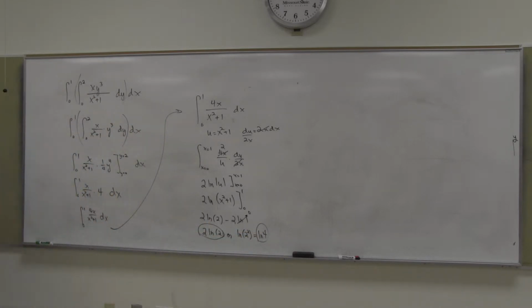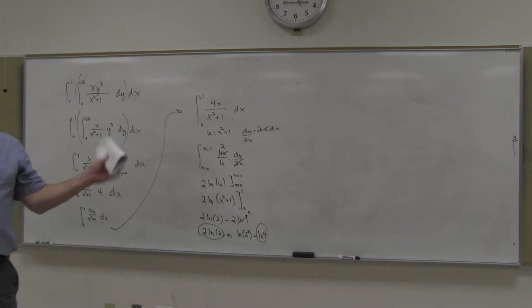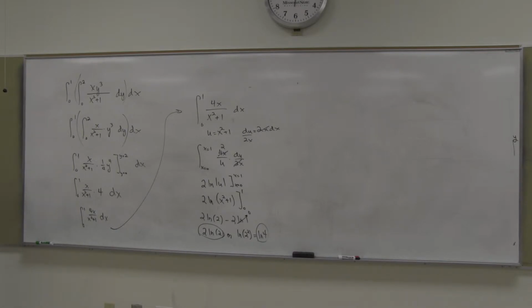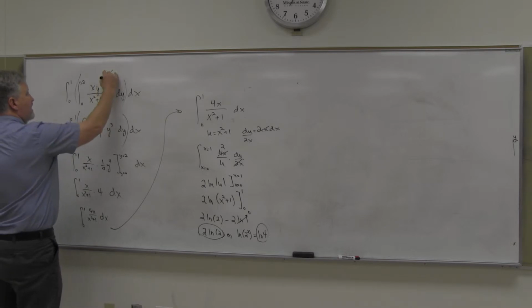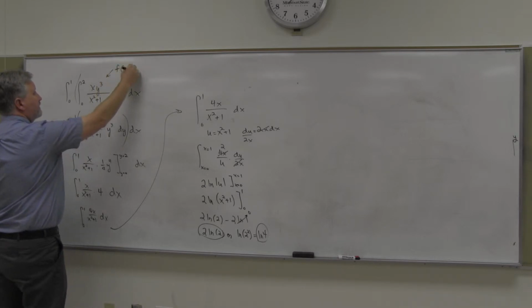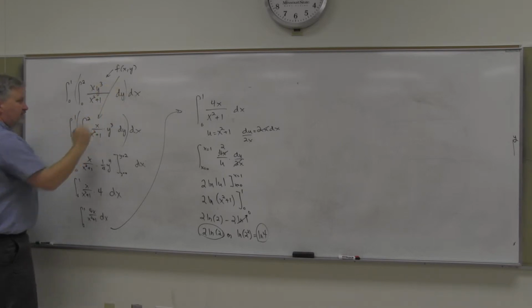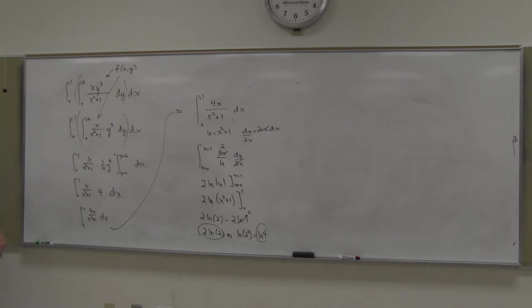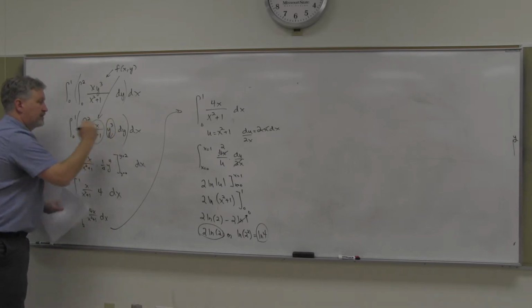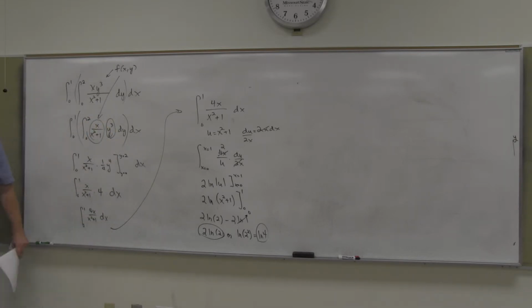Now, here's a little point about this. This one is different because here is another way we can do this. Turns out, all right, so this is my f of x, y. Notice I can write it like that, or I can write it that way, which the significance of that is, notice I've got the x's and the y's separated.